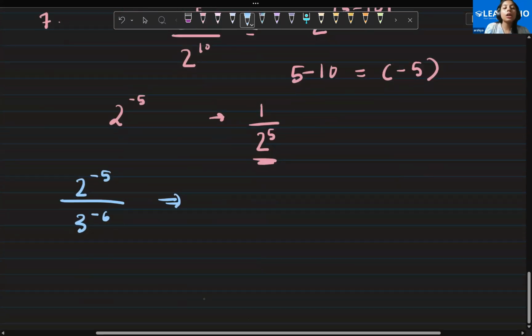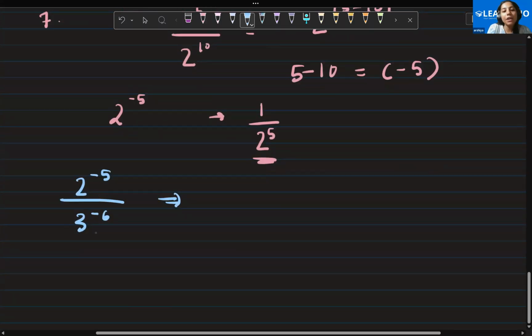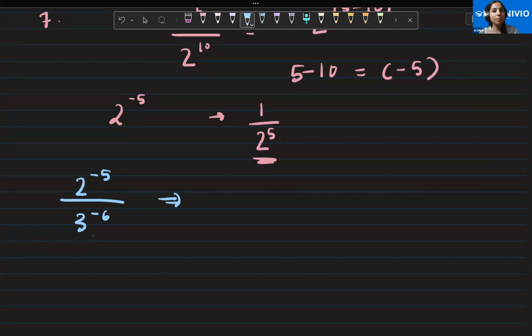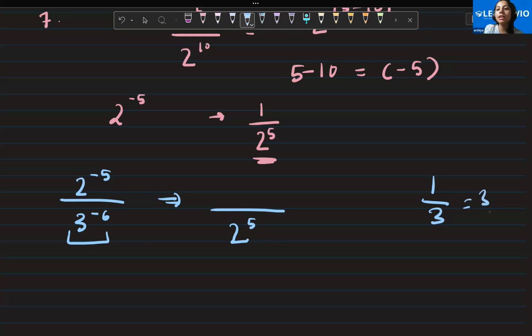So if we have 2 raised to the power of -5 upon 3 raised to the power of -6, now I have to make the powers positive. If I make 2 raised to the power of -5 positive, I'll take it in the denominator. So this becomes 2 raised to the power of 5, in the denominator. Now, to make this positive, what will be the reciprocal of 1 by 3? 3/1. Yes, basically 3. So it's in the numerator now. So this will go up in the numerator, and this will become 3 to the power of 6.